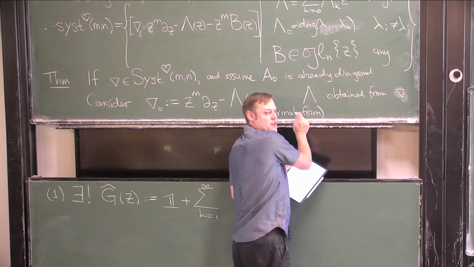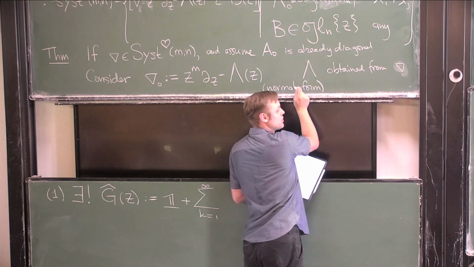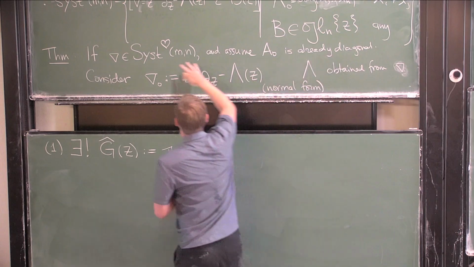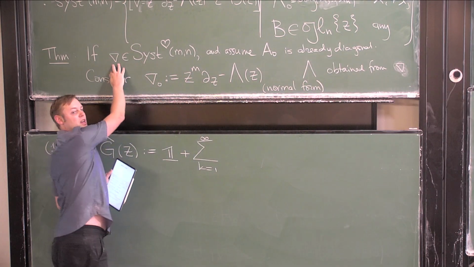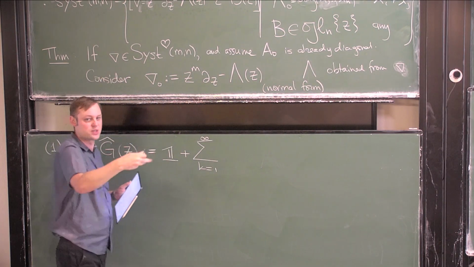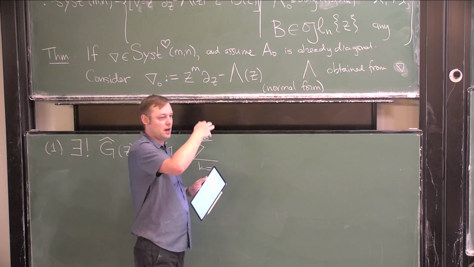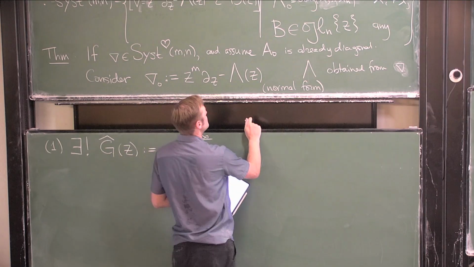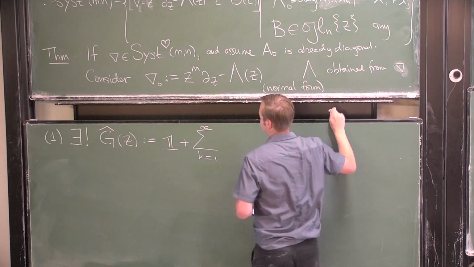I don't want to carry G0 around, I just want to set G0 to be the identity. This is always possible because we're assuming that the eigenvalues of A0 are distinct, so it's always possible to diagonalize it. I can just apply a constant gauge transformation G0 from the very start and then proceed. So I'll just make this assumption.